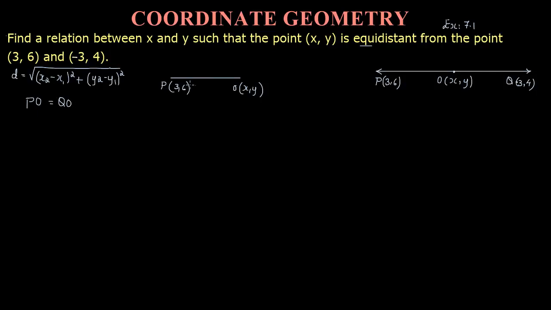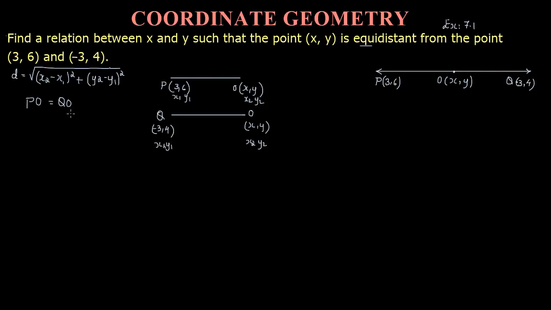So this was about PO. Now let us write the distance between QO. So if this is Q, this is O. O is having the coordinate x, y. Q is having the coordinate -3, 4. Let it be x1, y1. Let it be x2, y2. x2, y2 and x1, y1.